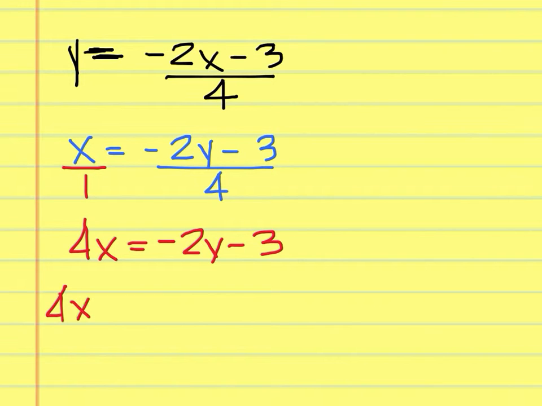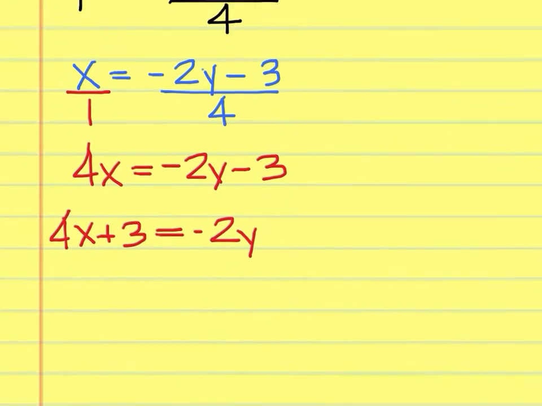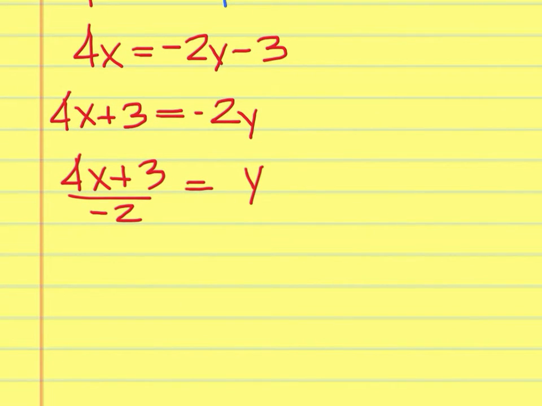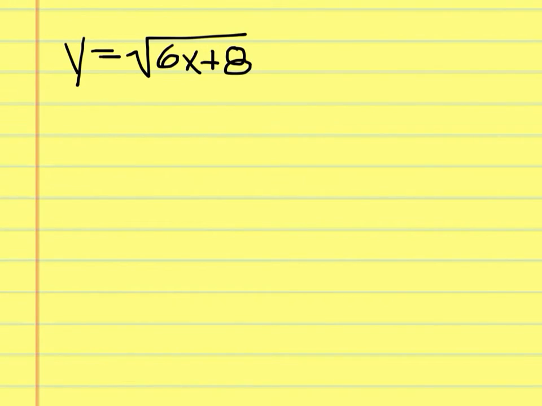Move the minus 3 to the left, and then you're going to have to divide both sides by a negative 2 to get the y by itself, but don't forget that when you have a negative number on the denominator by itself, you change it to positive and change the sign of everything on the top. This is your inverse.